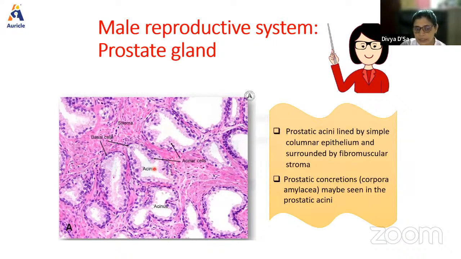As age advances, we see them more in the acini. That is the characteristic feature. Each of these acini is surrounded by smooth muscle or the fibromuscular stroma. So this is the prostate gland.